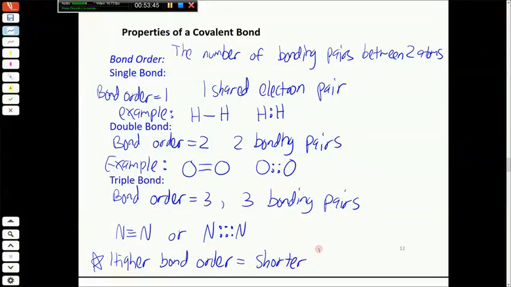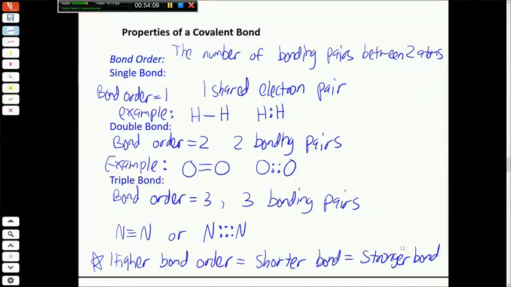You have a greater attractive force between those, and it correlates then with a stronger bond. All right, so for the higher bond order, that means the bond energy is higher and the bond distance is smaller.